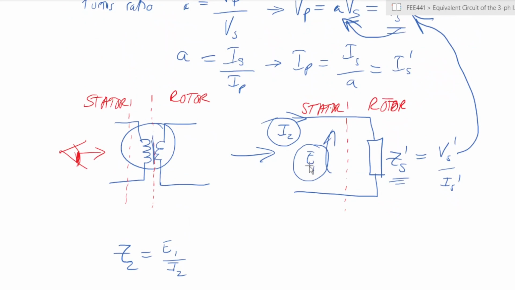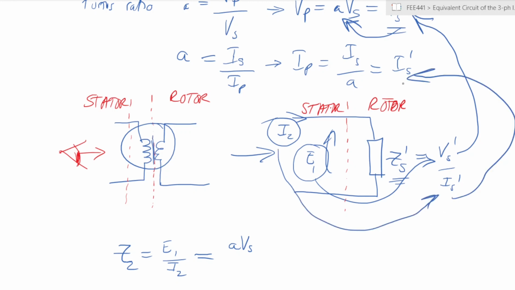So our E1 is actually Vs prime, which is AVS, and I2 is Is prime, which is Is over A. Okay, still our Z2, still what we are talking about, right?